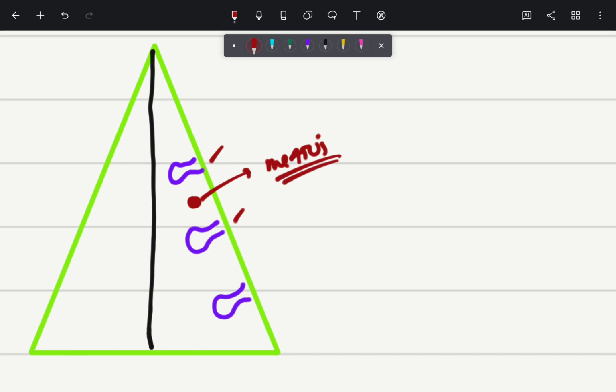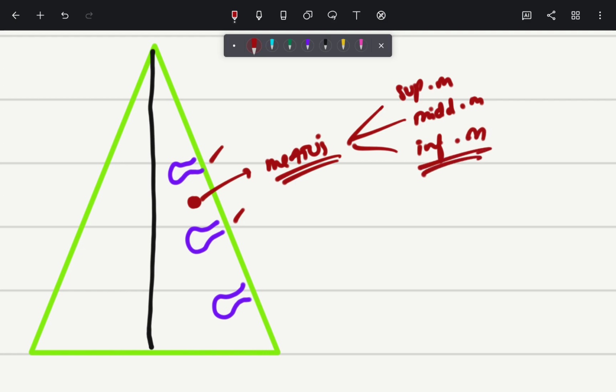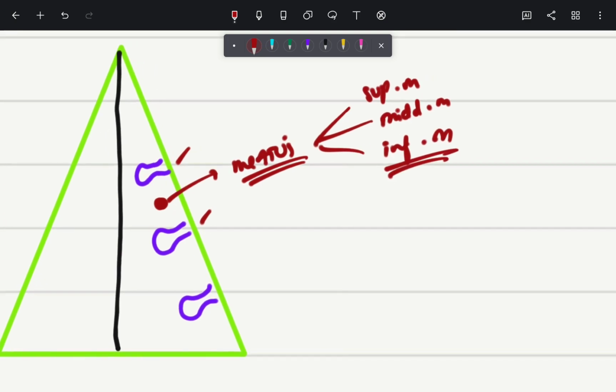Meatus is also divided into three types: superior meatus, middle meatus, and inferior meatus. We will draw the three meatus here itself.